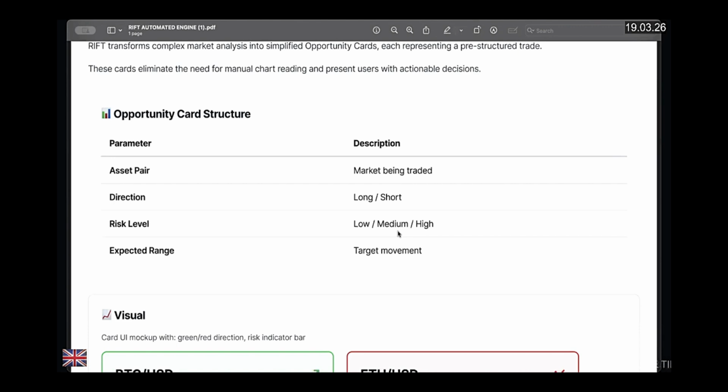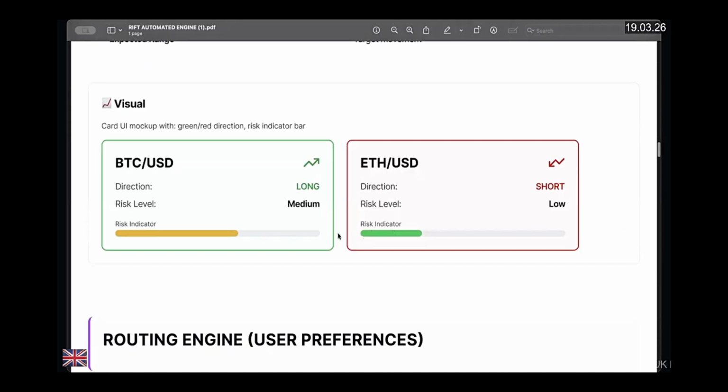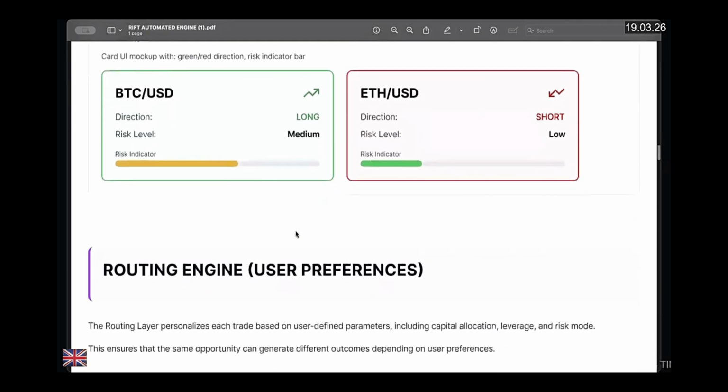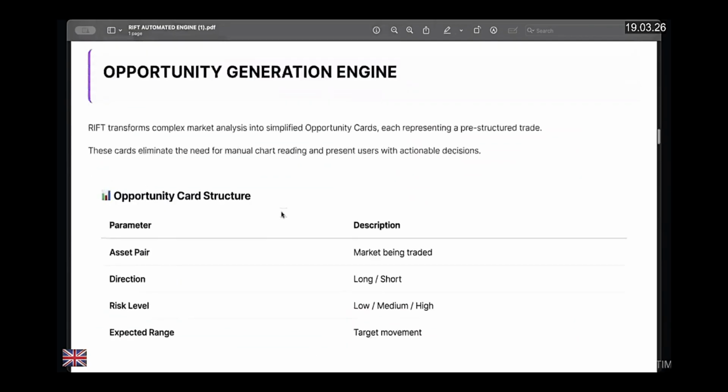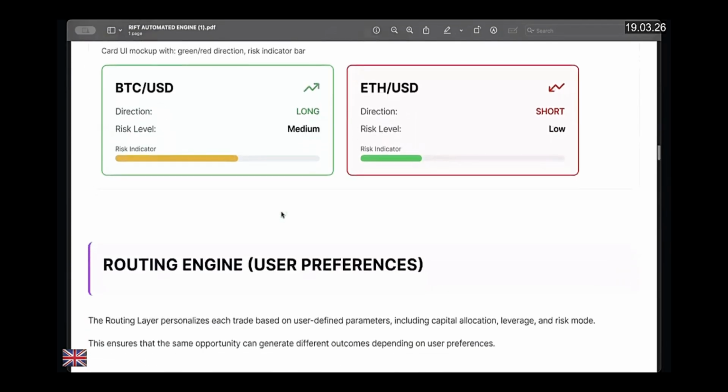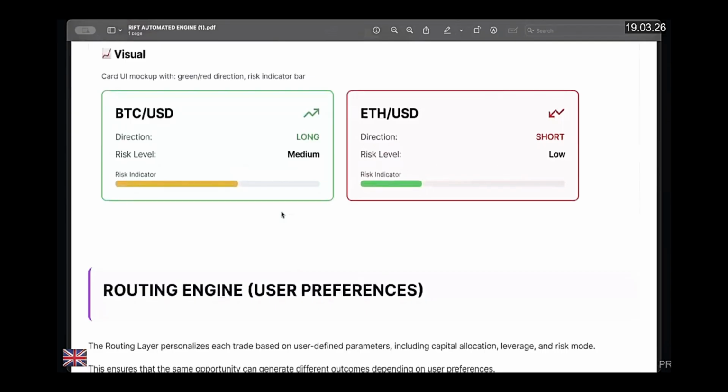The risk per trade part that we explained while we were learning the difference between retail trading, manual trading, and professional trading. This is how the opportunities come up when it crosses from the intelligence layer to the opportunity generation engine of the automated trading engine.